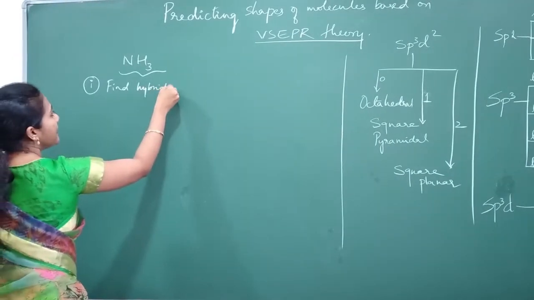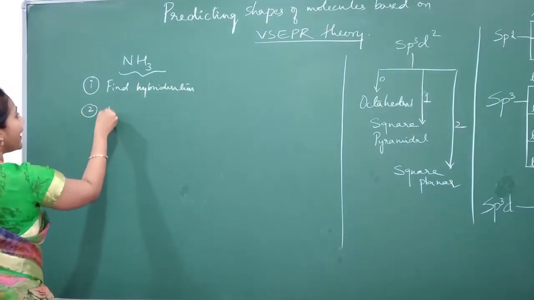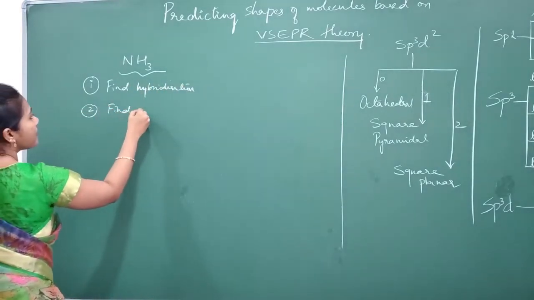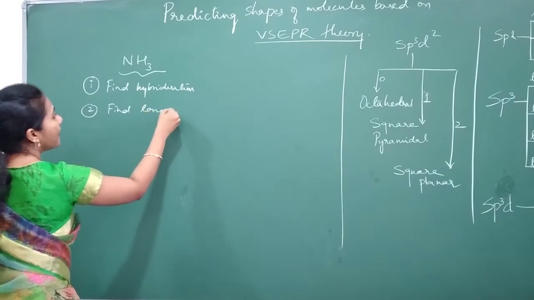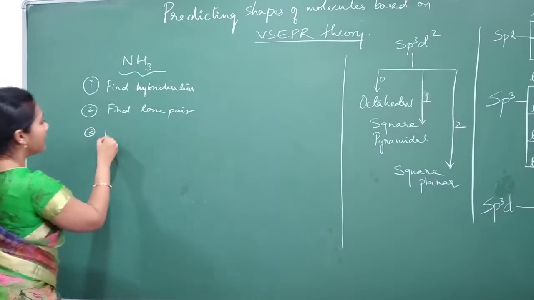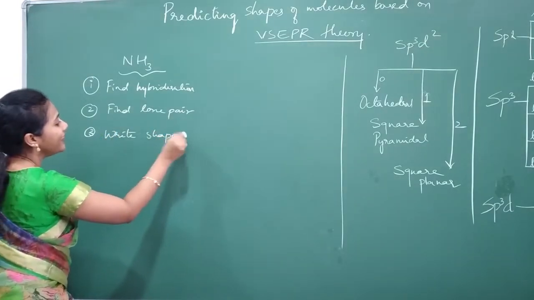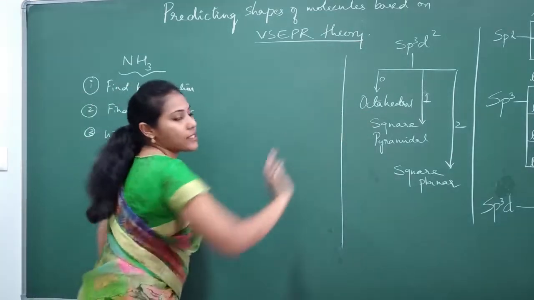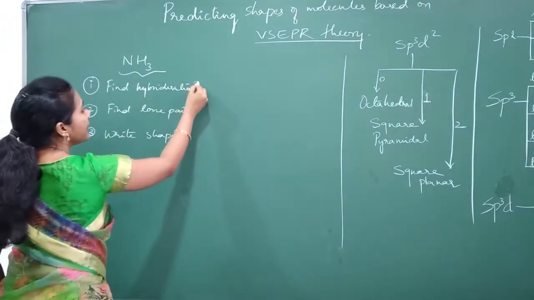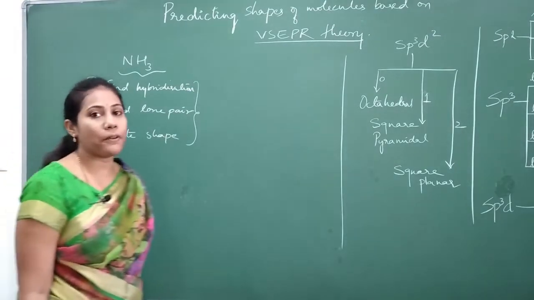Second step is find the number of lone pairs. And third one, write the shape according to this concept. So these are the 3 simple rules that you have to follow to predict the shape of a molecule.